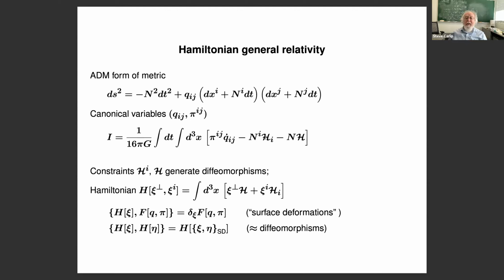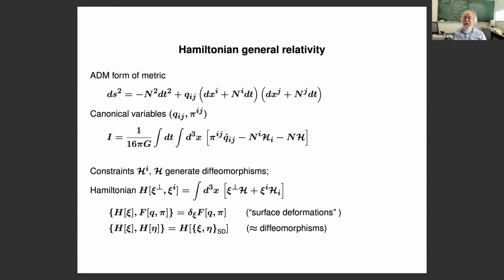If we're in d dimensions, I wrote this in 4 dimensions, but it works in arbitrary dimensions. Script H is the Hamiltonian constraint. It is essentially the generator of time translations. The d-1 script H_i's are the diffeomorphism constraints or momentum constraints.